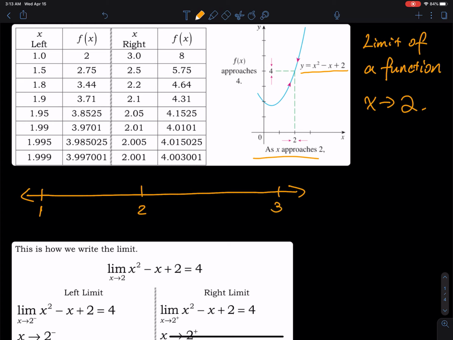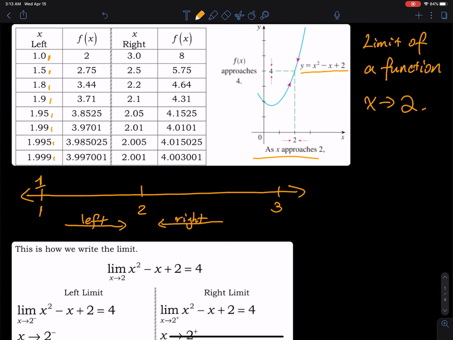So as x approaches 2, I want to check the left side. This is your left hand, right? And then this is your right hand, as x approaches 2 from the left and from the right. So here is how we are going to do the work. We start at 1, and then we take a number that is one step closer to 2, take another step, and we are getting closer and closer to 2 to see what happens.